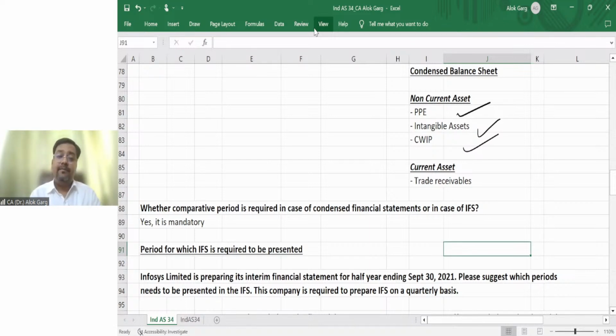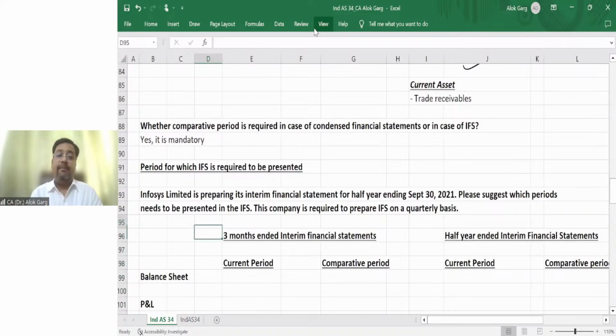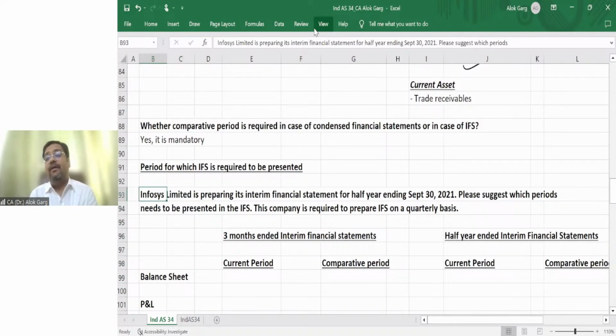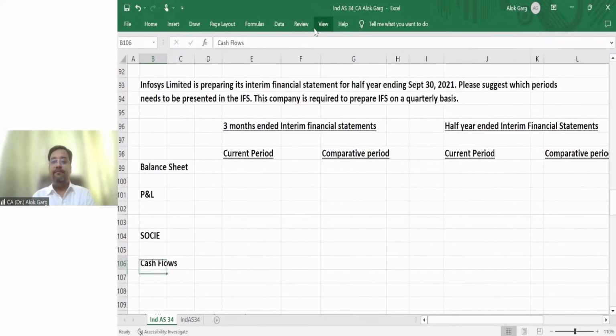But sir, what are the periods for which the interim financial statement is required to be presented? For example, Infosys Limited is preparing its interim financial statement for the half year ending September 30, 2021. Please suggest which periods need to be presented in the interim financial statement. This company is required to prepare the interim financial statement on a quarterly basis.